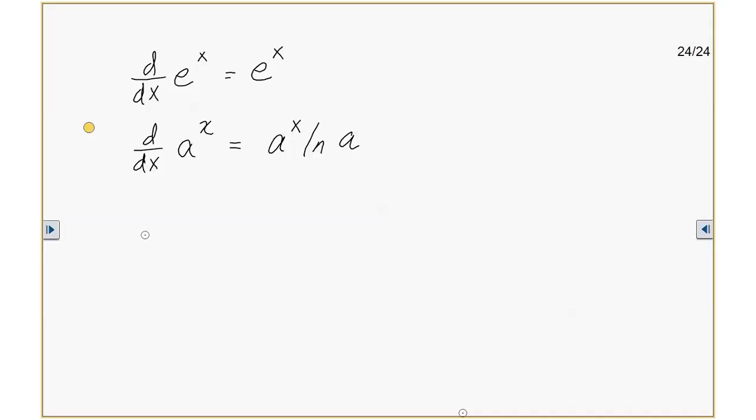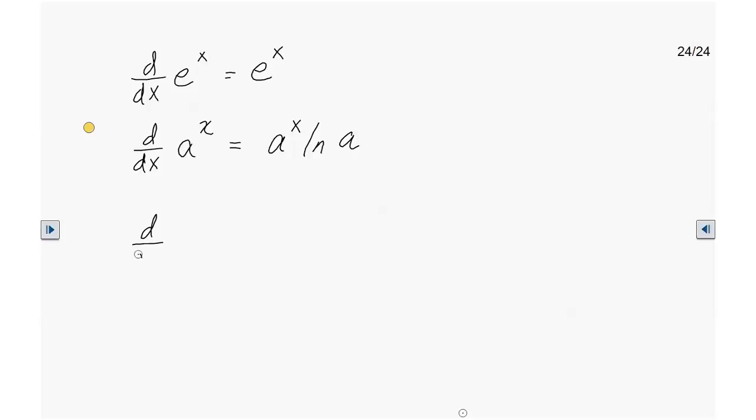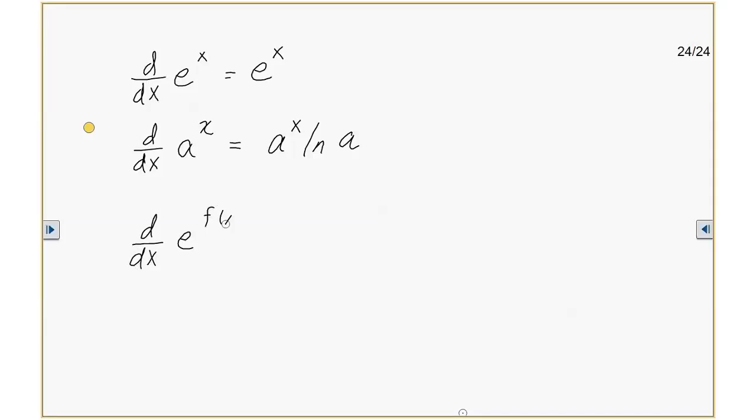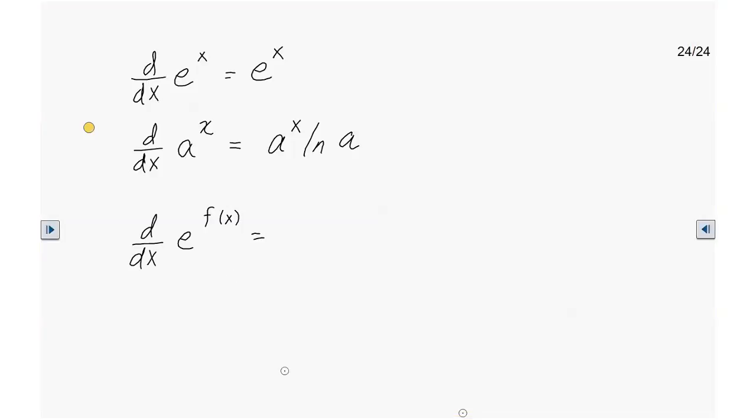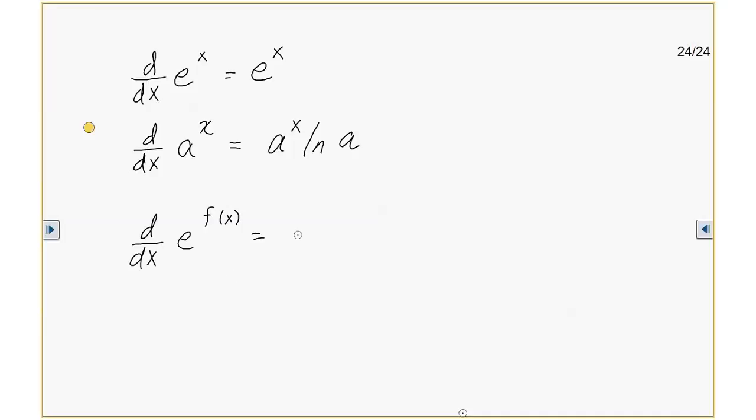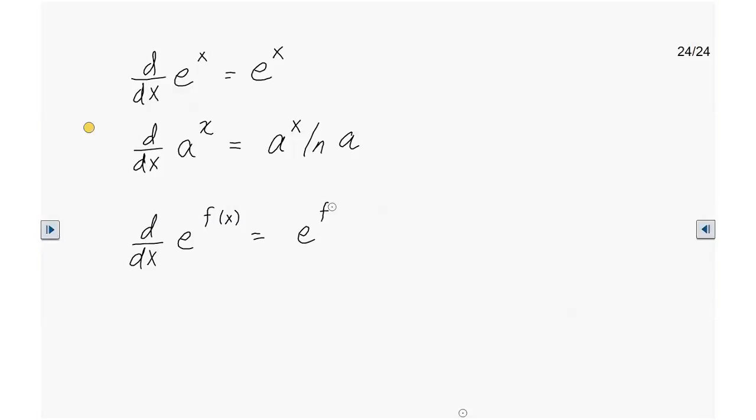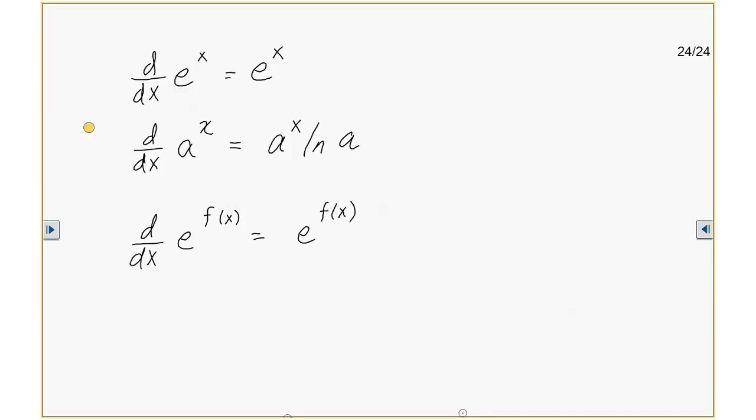What if you take the derivative of e to a function, like e to the 2x plus 2? Then that's going to be e to the 2x plus 2 times chain rule, which means the derivative of what?